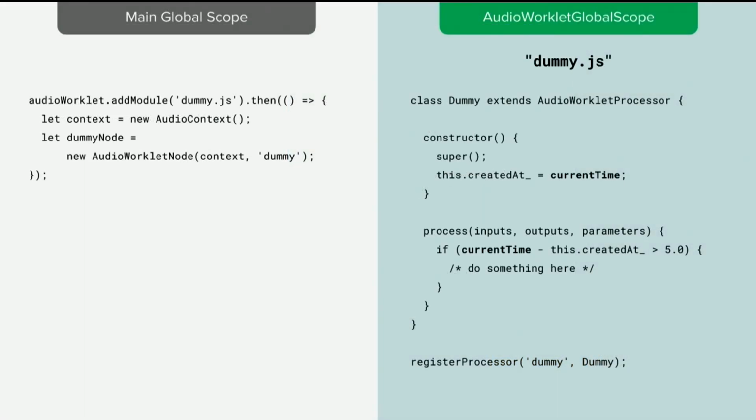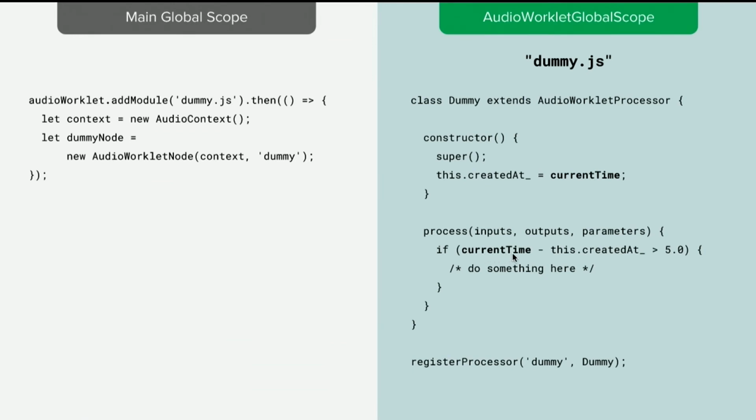AudioWorklet global scope has a currentTime, which is a global property. You can query it like that here. So I'm basically caching current time into this dot createdAt. Basically, I'm caching the construction time in some class variable. And later, I'm doing something like this.